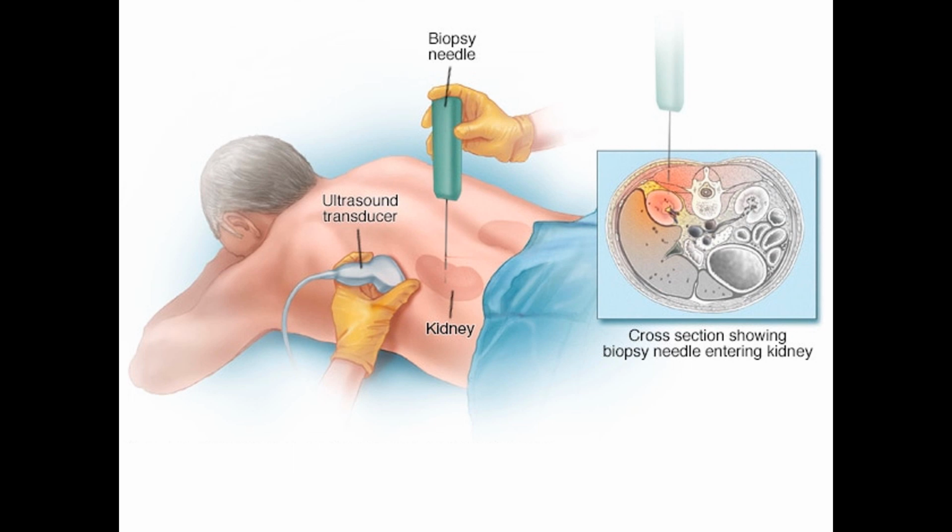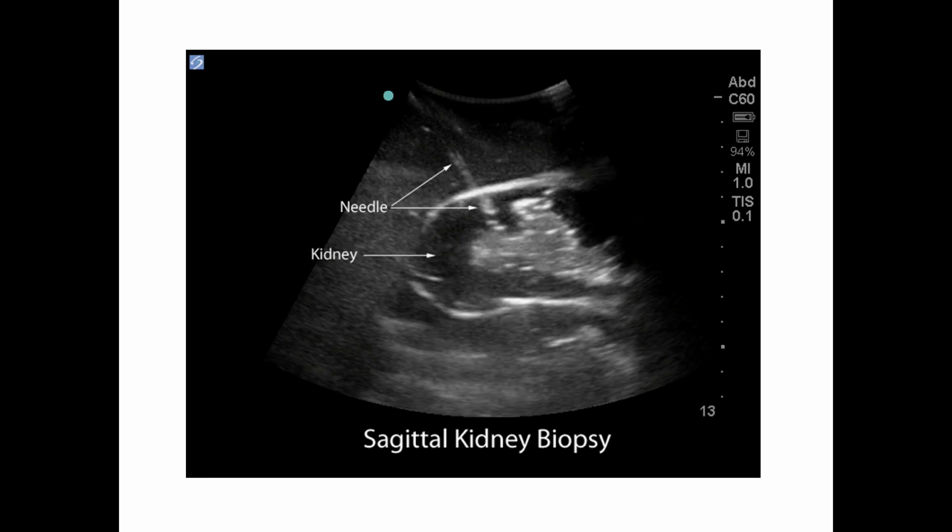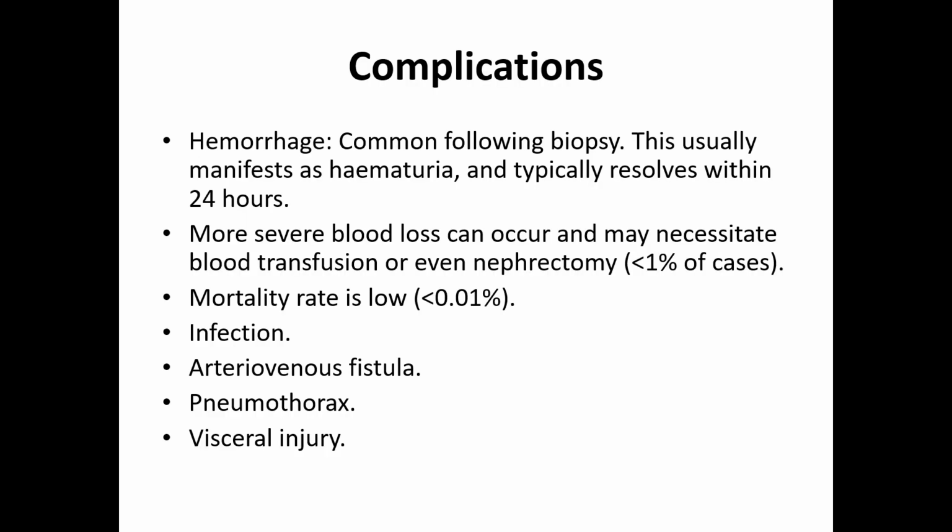This is an automated gun type of needle biopsy. You fire, and it will take a piece of kidney tissue. The ultrasound shows the needle inside the kidney, in a sagittal view of the kidney biopsy.